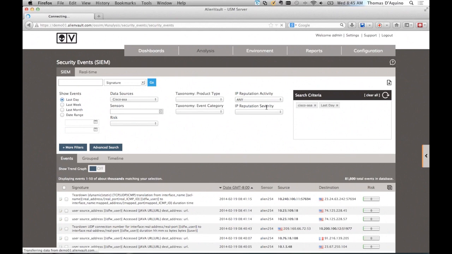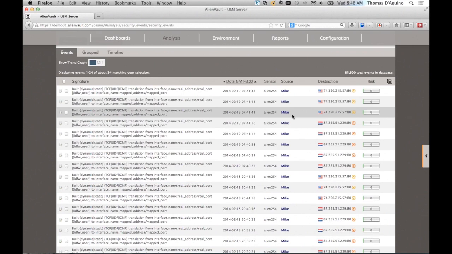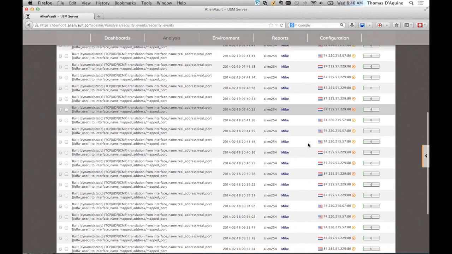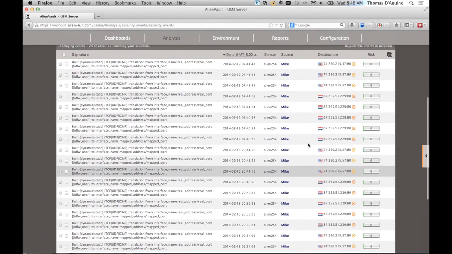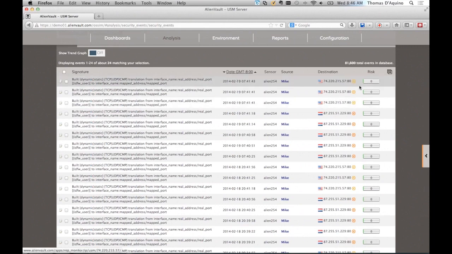Okay, so we've got a single host inside. In this case, it's resolving back to a specific username of Mike. This particular host has ongoing communications with multiple systems out on the internet that are known to be bad actors. I can tell that because each of these IPs has this little target next to it. When you mouse over this, it's going to tell you, hey, this IP address out on the internet is a known malware domain. This IP address out on the internet is a known command and control server.